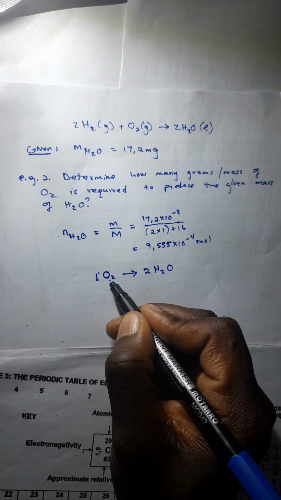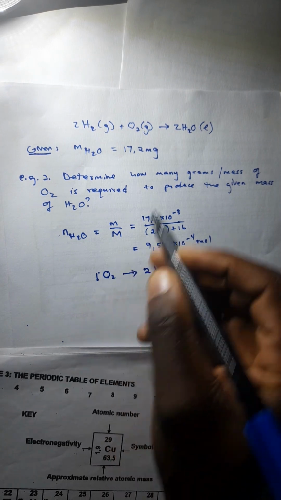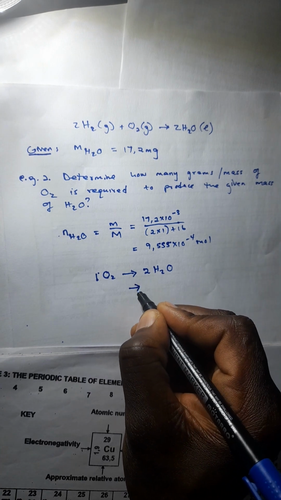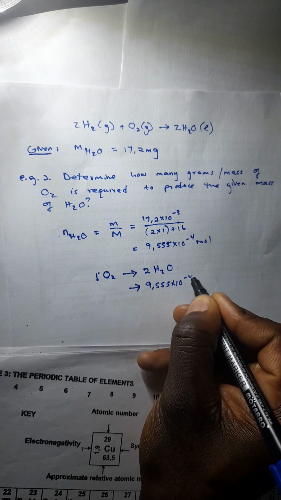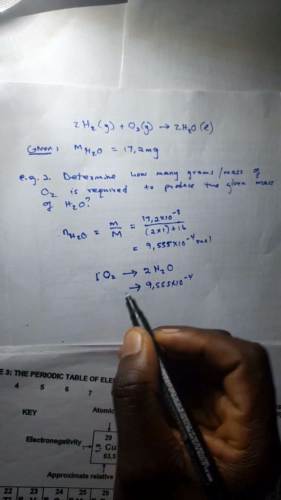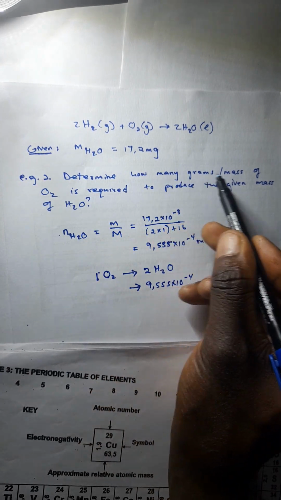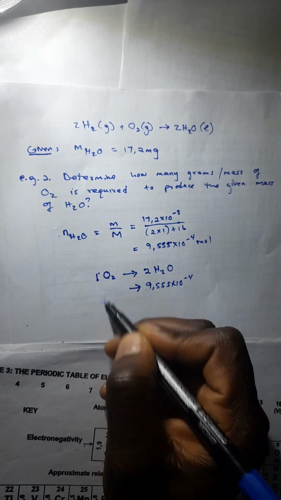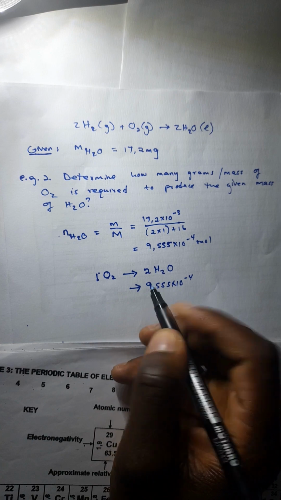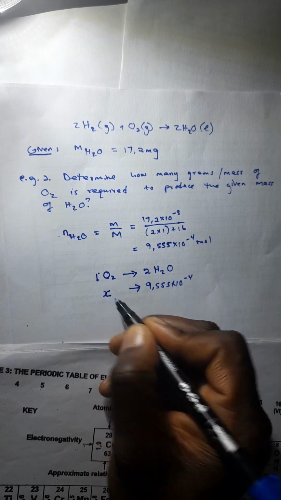Now 1 mole, what are we having now? What are we starting with to give you 9.555 times 10 minus 4? What did we start with? That's the question. Determine how many grams or mass is required. How much are we requiring to produce this? We don't know.